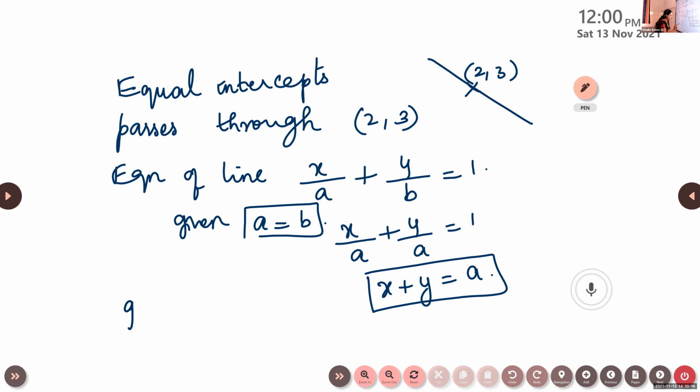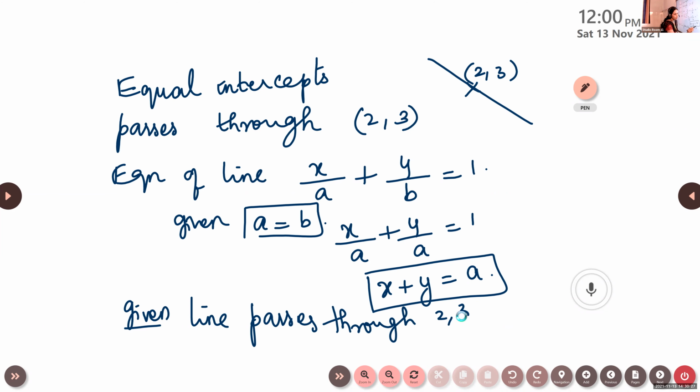It is given the line passes through 2, 3. That means in the place of x we can put 2 and in the place of y we can substitute 3. So what is the value of a? a is 5. Is it correct? a is 5. So what will be the equation?